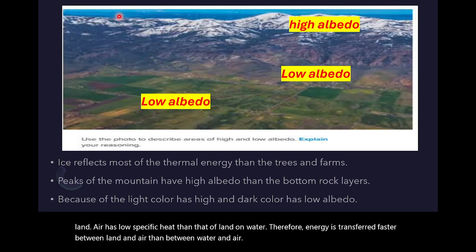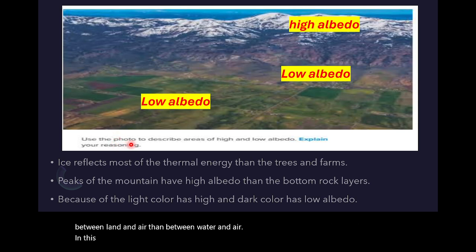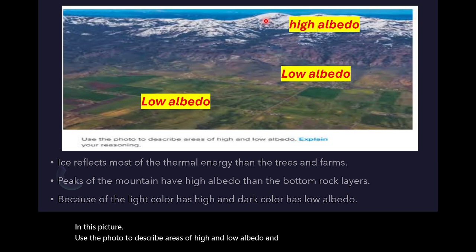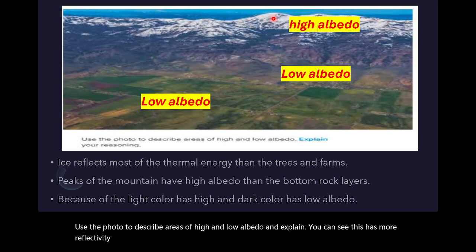In this picture, use the photo to describe areas of high and low albedo and explain. You can see this has more reflectivity. The peak of the mountain is clearly visible, reflecting the most, and this has high albedo.